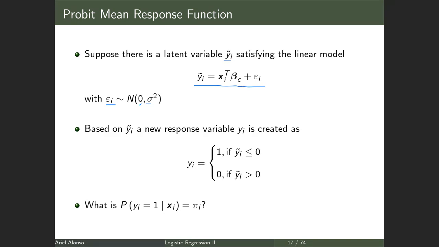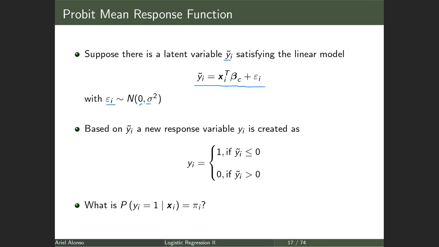If you are giving this toxic agent, you may assume that this ỹi is maybe, if you want, a variable that quantifies the deterioration of your body, the deterioration of your immune system, let's say. And you are not quantifying that, but your immune system gets weaker and weaker and weaker due to the chemical. And then when it's weak enough, you get sick. That would be the ỹi.